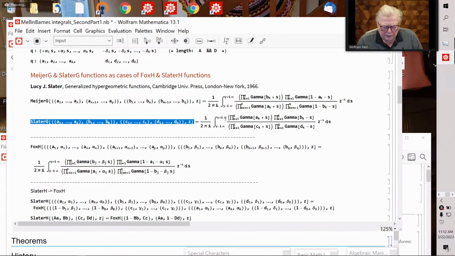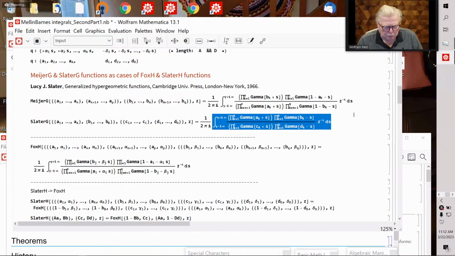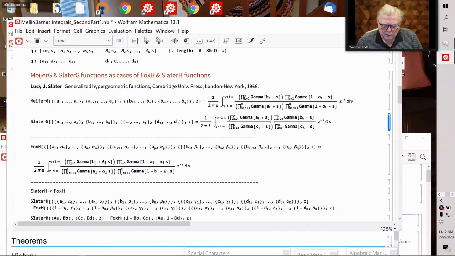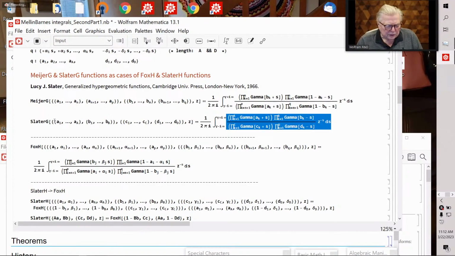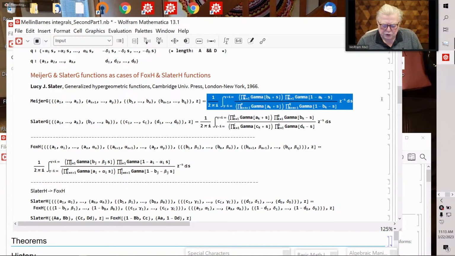About this book, I talked in the previous lecture, and you already saw this product for SlaterH, and for MeijerG, we find this definition in our documentation in Mathematica.